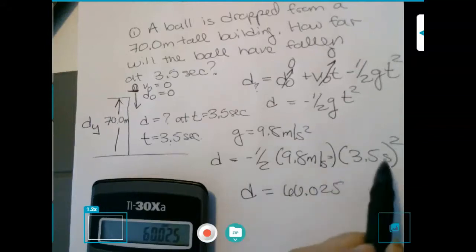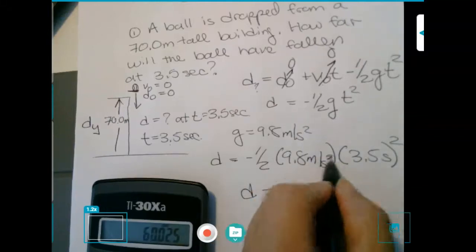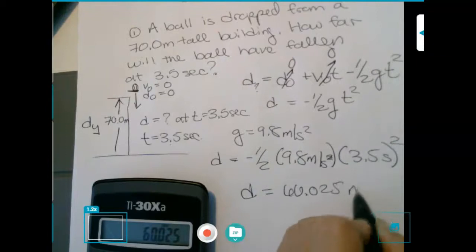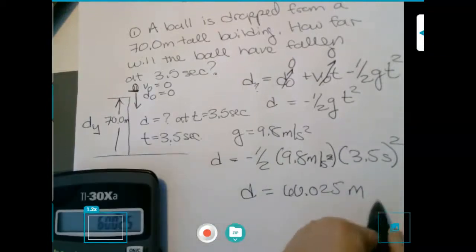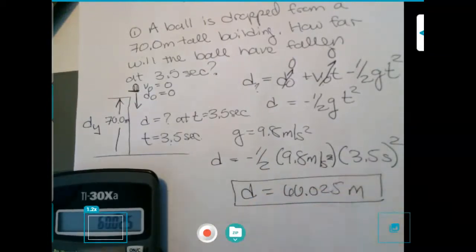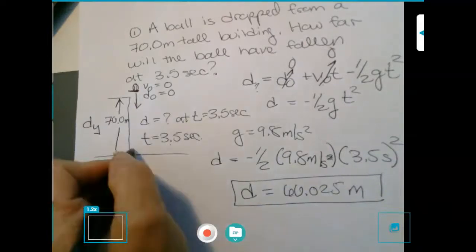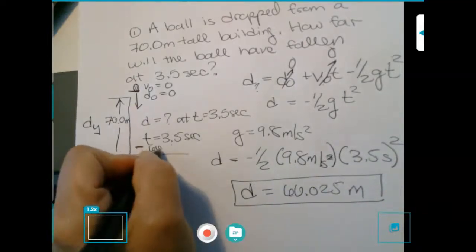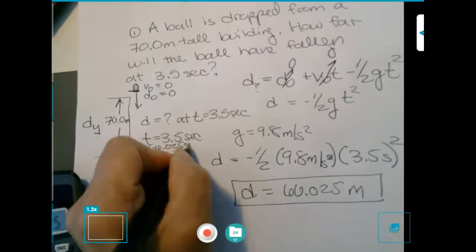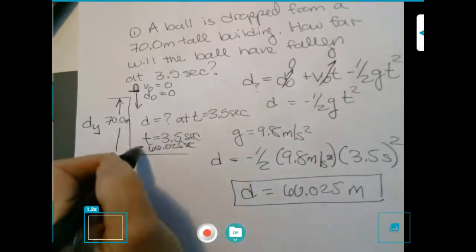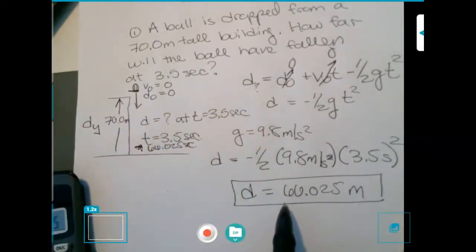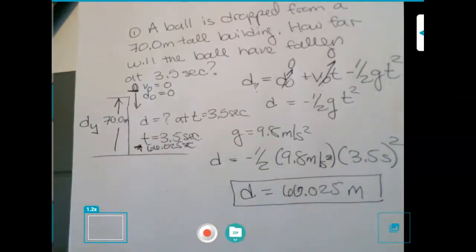And then this is seconds squared. The seconds squared cancel out, and we're left with meters. So the ball is almost to the ground. It's about right here, at 60.025 meters. Very close to the ground. So that is problem 1.